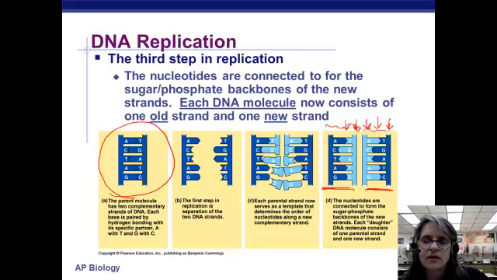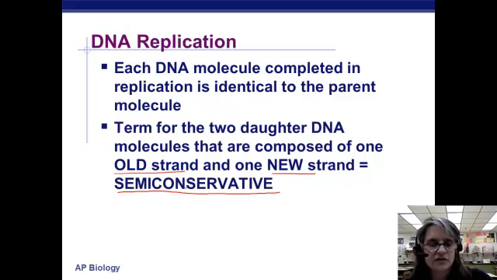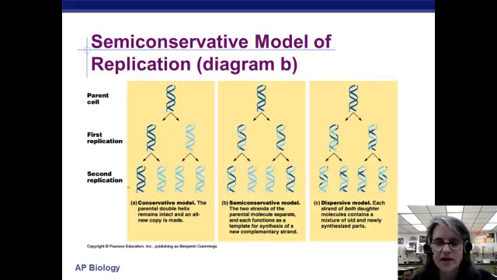That term, having each new molecule made up of an old strand and a new strand, is called semi-conservative, meaning we have conserved half of the old strand in the new molecule.